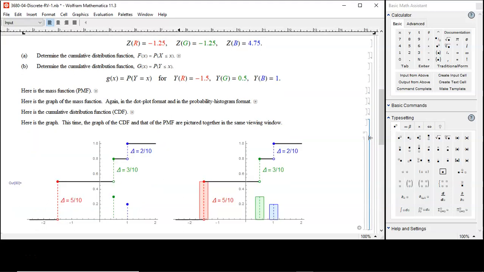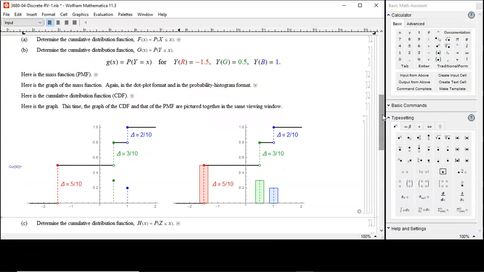And finally, here's a graph. This time, I drew the graph of the CDF and PMF together. So we have these dots, and first, this jump is the same as the height of the red dot, and then this second jump is the same as the height of this green dot, and the third jump is the height of this blue dot, because those probabilities are keeping added up.